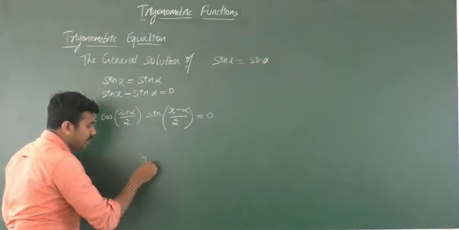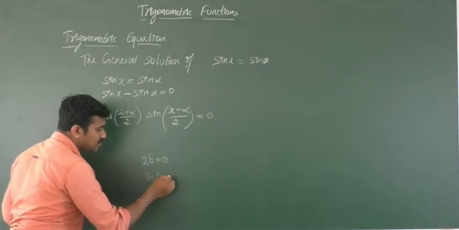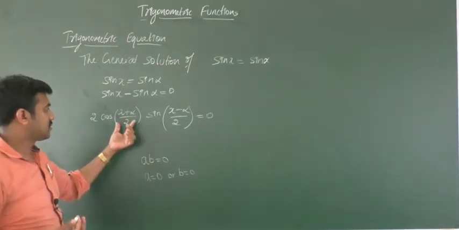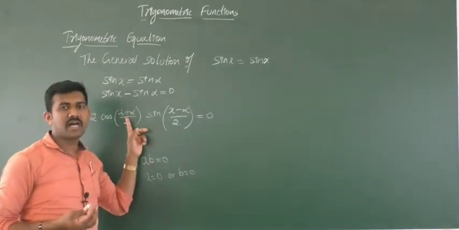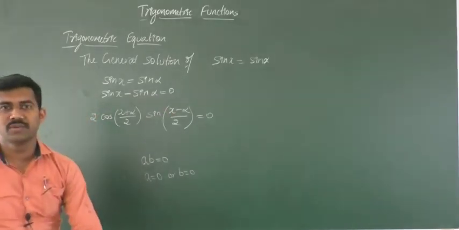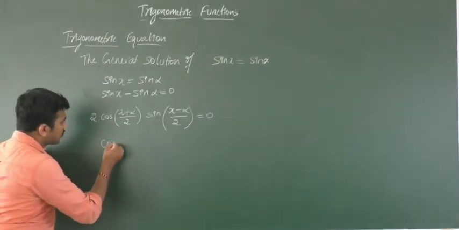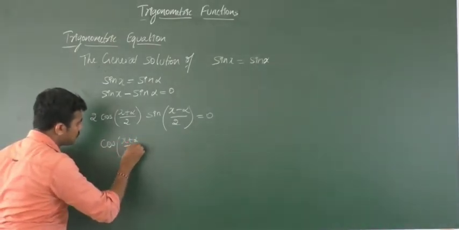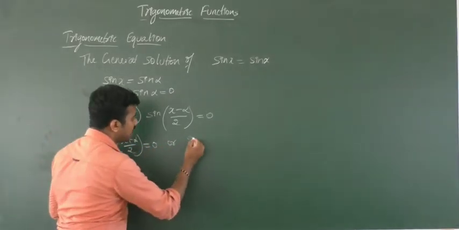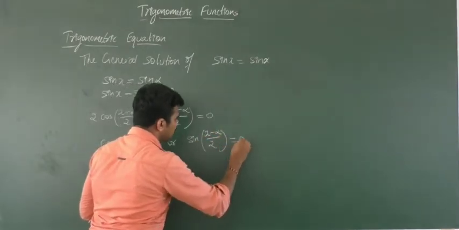That you know, if a into b is equal to 0, either a is equal to 0 or b is equal to 0, or both are equal to 0. Same here also. So I'll write now: either cos of (x plus alpha) by 2 is equal to 0 or sin of (x minus alpha) by 2 is equal to 0.